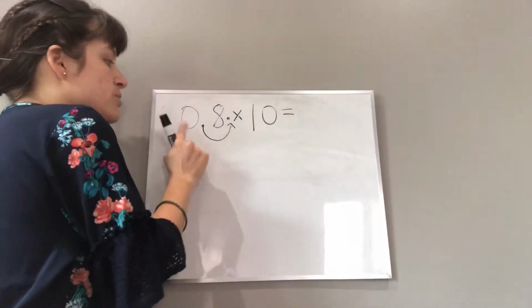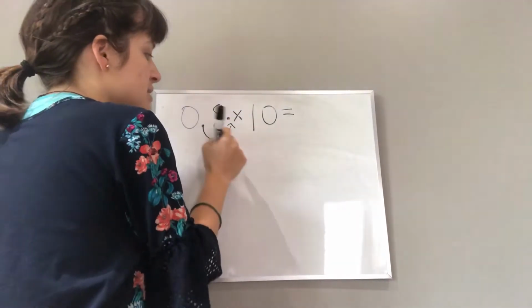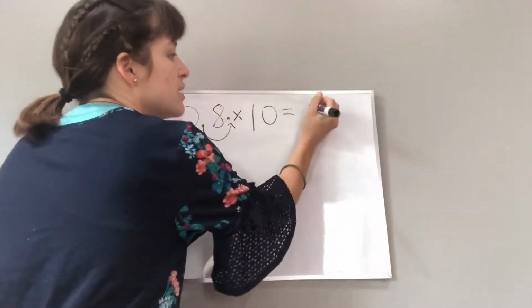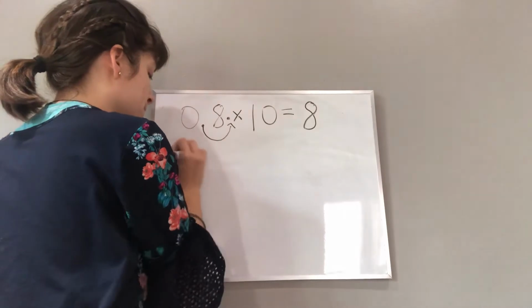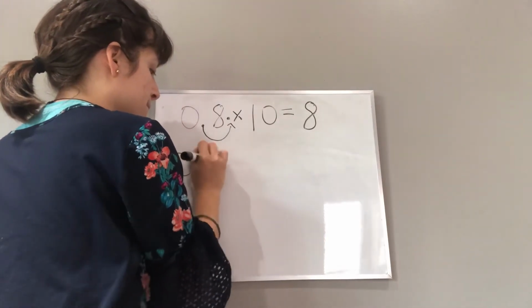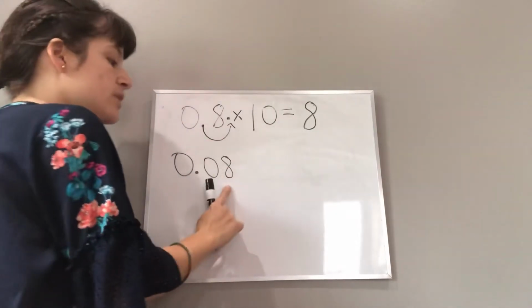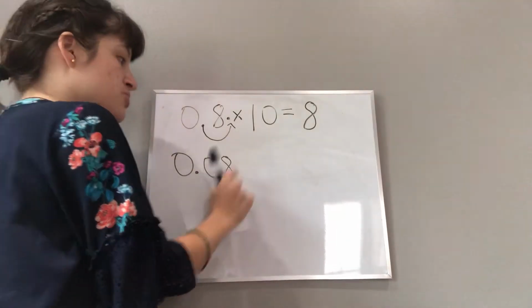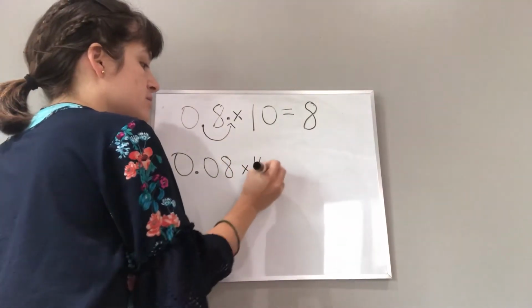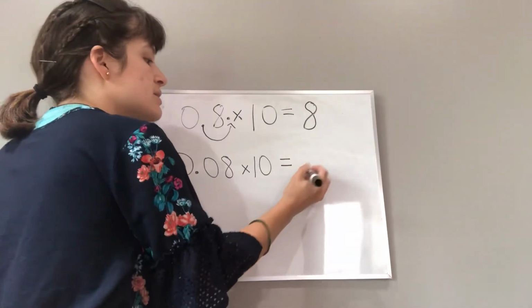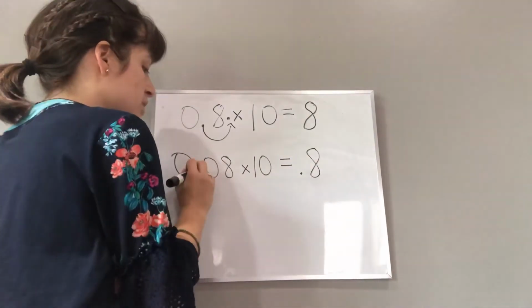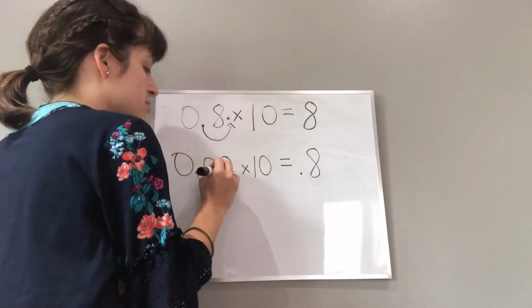So 0.8, or 8 tenths, times 10, you're going to get 8. 8 hundredths times 10 will give you 8 tenths. See, I'm moving the decimal place one place value to the right.